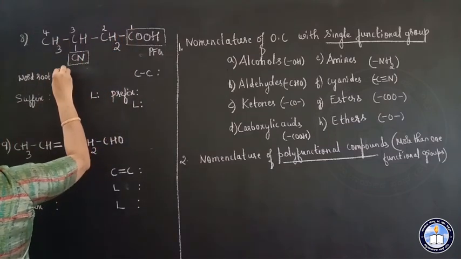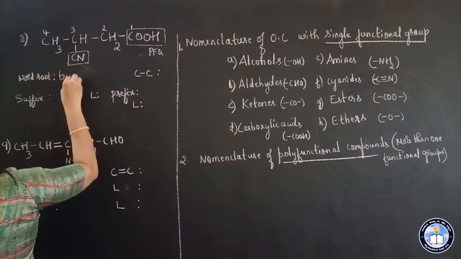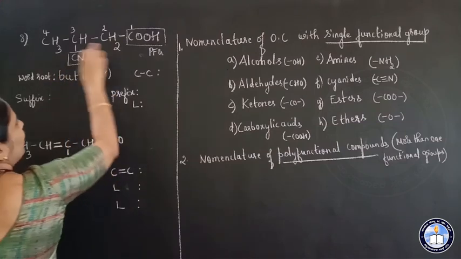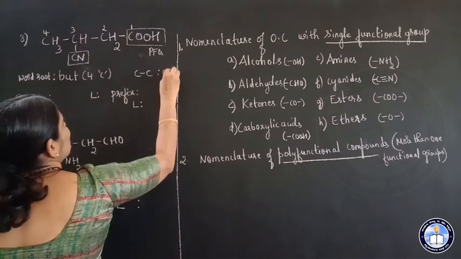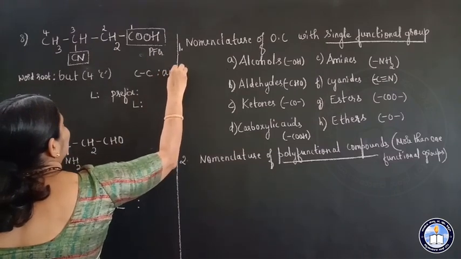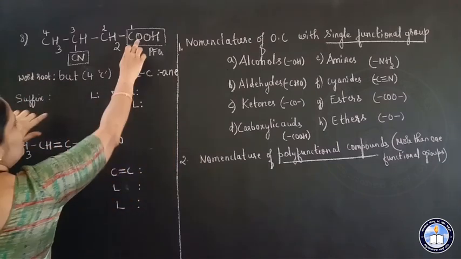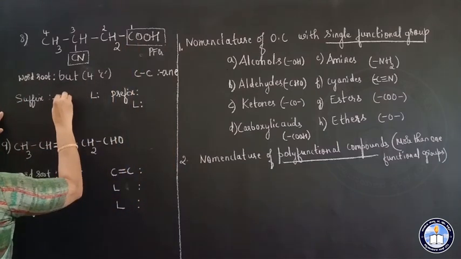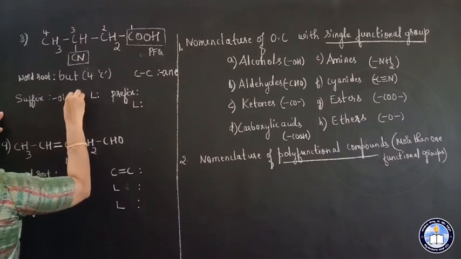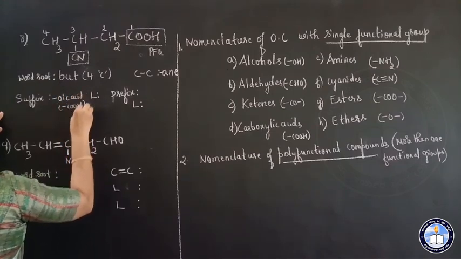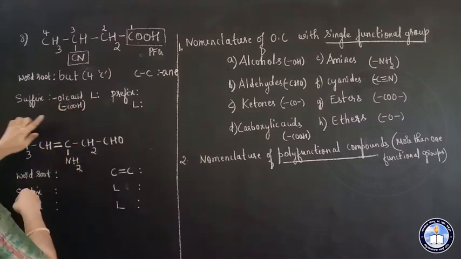So 4 carbon atoms. Word root is but. So all carbon-carbon single bonds, so ANE. Suffix COOH. Suffix is oic acid. COOH group is present. That's why it is oic acid.